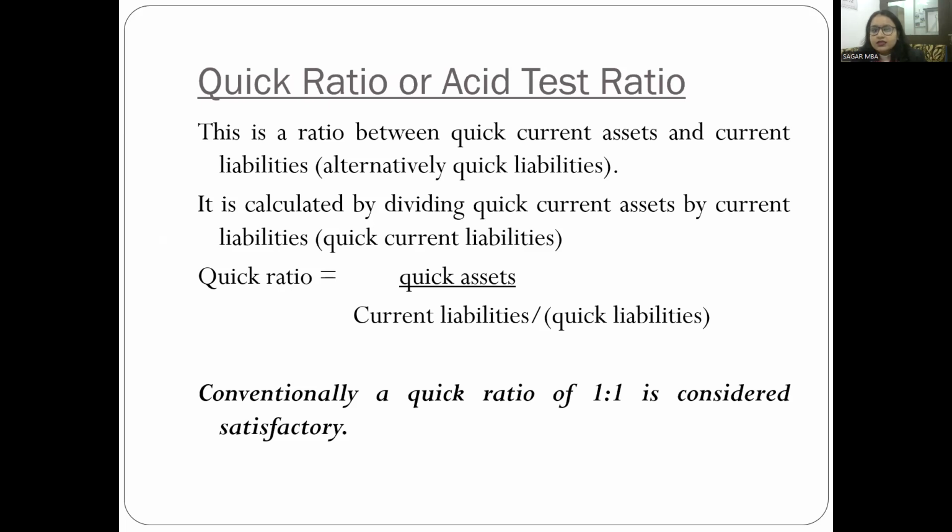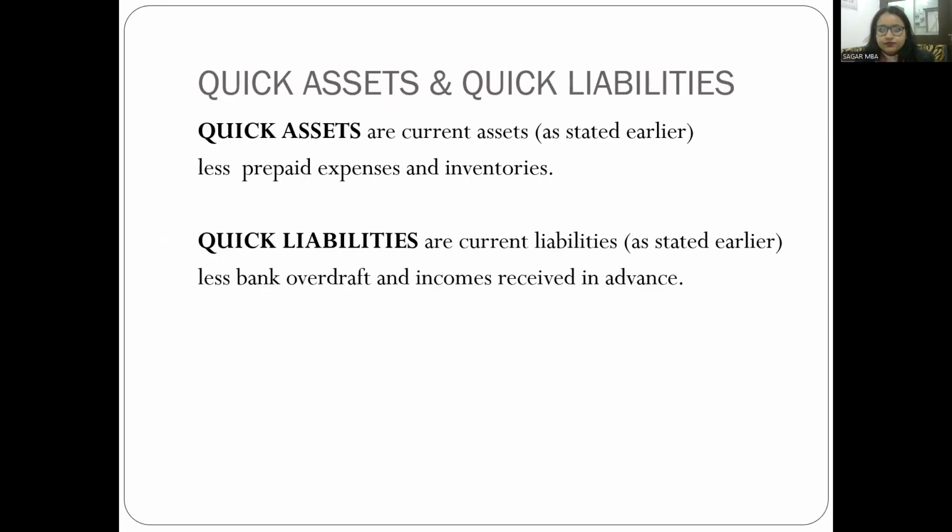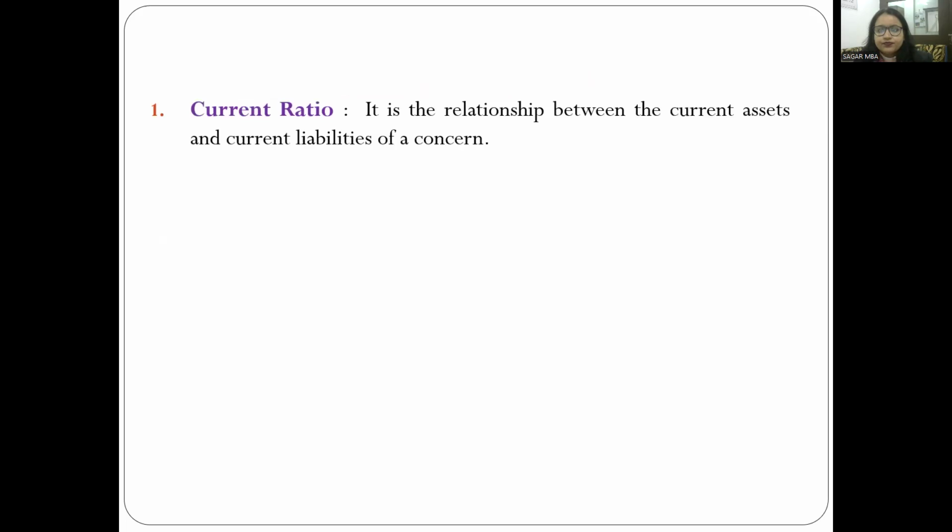Now the quick asset ratio. It is a ratio between quick current assets and current liabilities. The formula is quick assets upon current liabilities. Ideally, 1:1 is considered good. Quick assets are current assets less prepaid expenses and inventories. Quick liabilities are the bank overdraft and income received in advance.